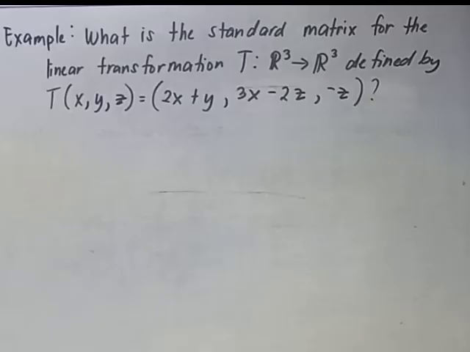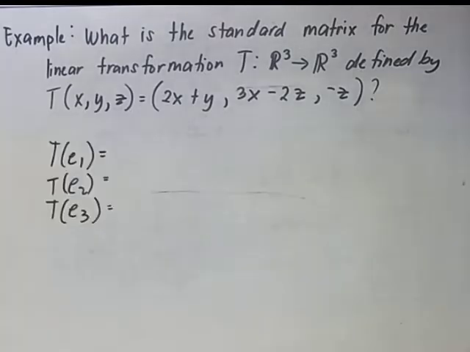To further understand, let us have an example. What is the standard matrix for the linear transformation R3 to R3 defined by the transformation of x, y, z equal to 2x plus y, 3x minus 2z, and -z? Just like in our previous lessons, if we're going to put this transformation in vector form, we take the values of our x, y, and z.